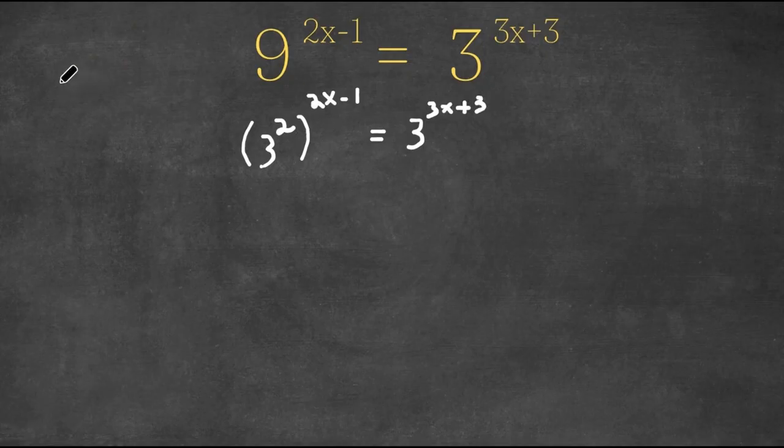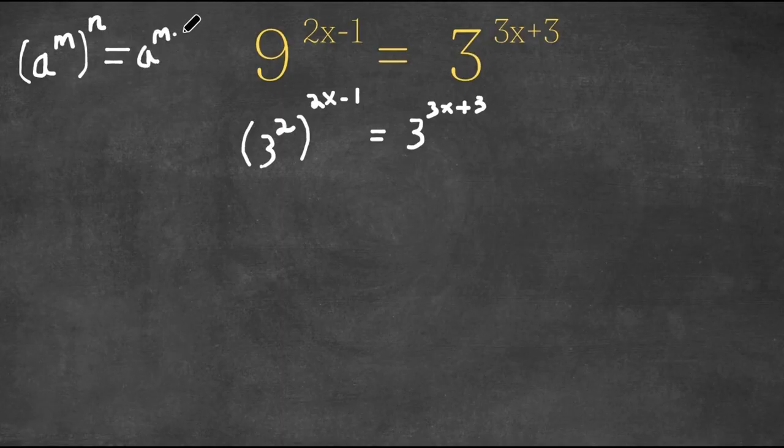Now, if we have an exponent in the form a to the power of m to the power of n, this can also be written as a to the power of m times n. So 3 to the power of 2 to the power of 2x minus 1 can also be written as 3 to the power of 2 times 2x minus 1.